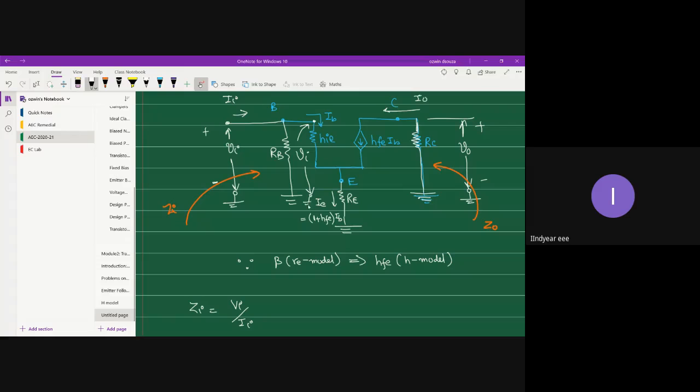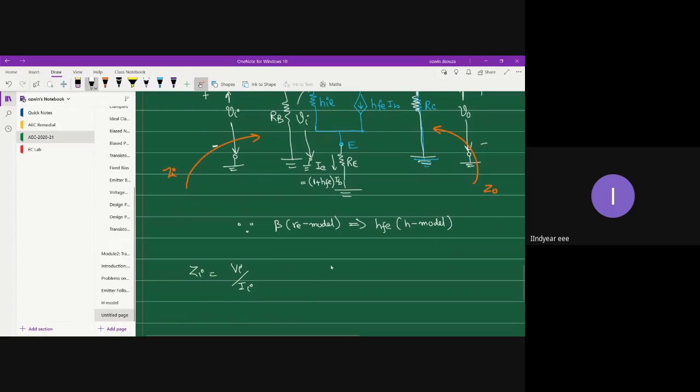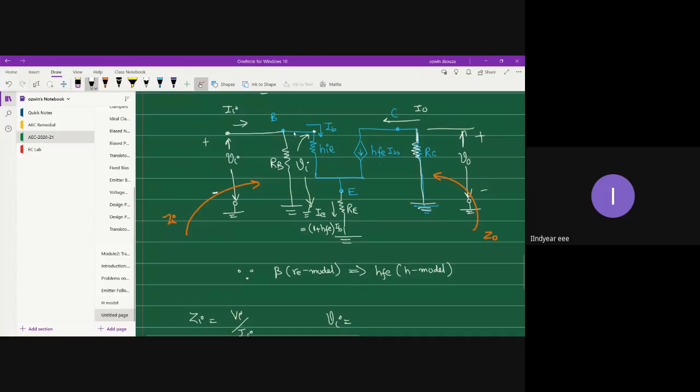I've just shifted the input voltage measurement towards the H parameter model. So I can write VI, that is the base to ground voltage, is equal to the voltage drop across HIE plus the voltage drop across capital RE.